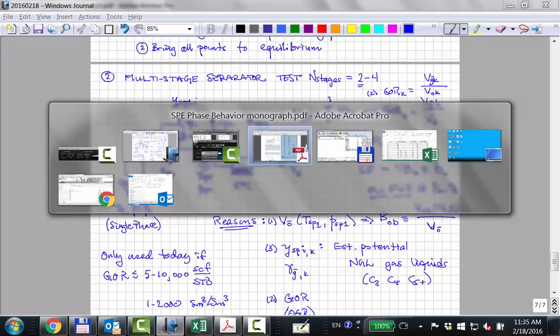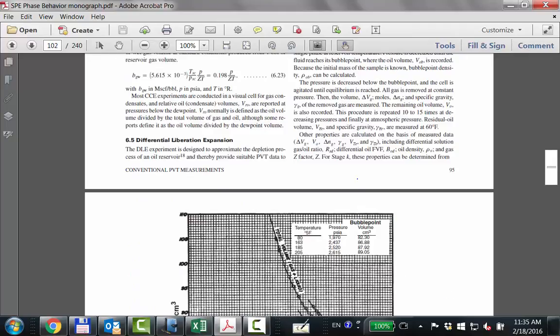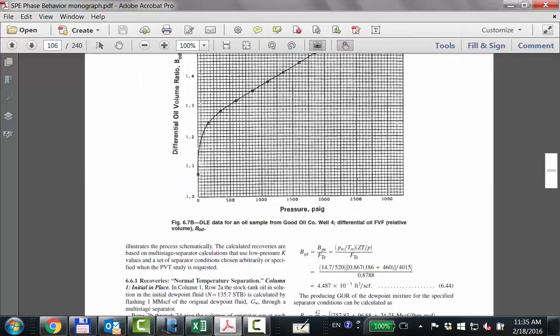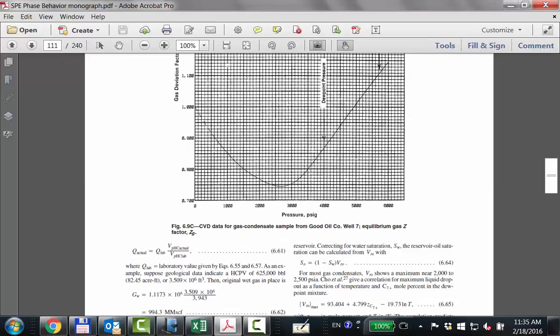Okay, so let's go into chapter 6 and see if we can find it for the oil. This gas condensate doesn't have a separator test. The oil does.